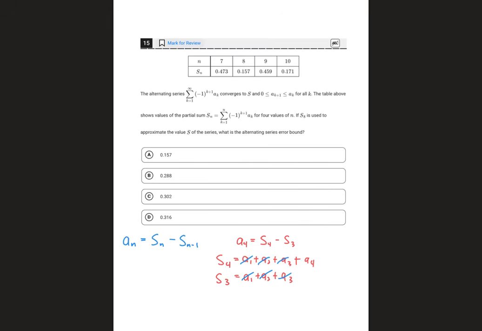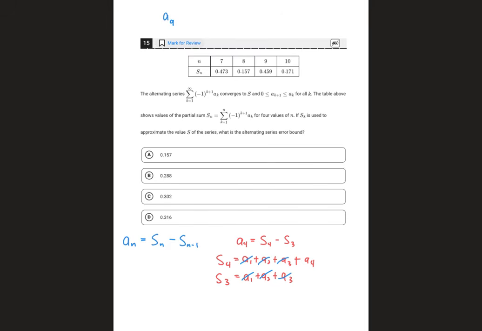The 9th term is going to be the error bound. So I'll do the work up here. So that means A9 is our answer. That's the first unused term. S8 is adding up the first 8 terms, so it's the ninth term that we're going to use as the alternating series error bound.